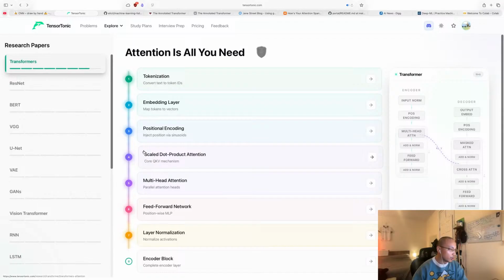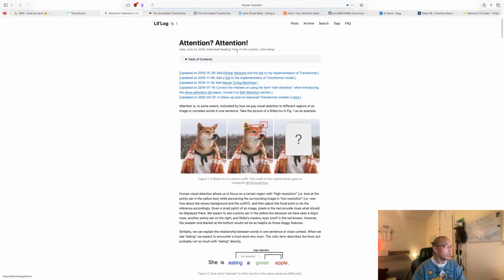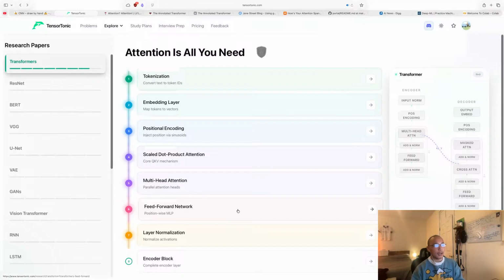And then you introduce the main paper, the Attention Is All You Need paper. It introduces the concept of scaled dot-product attention, which has other precedents, for example in this blog post by Lilian Weng, which covers very deeply all the different ways attention scores between data points or tokens can be calculated.